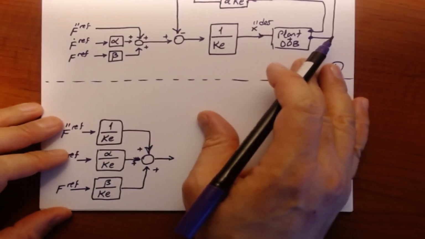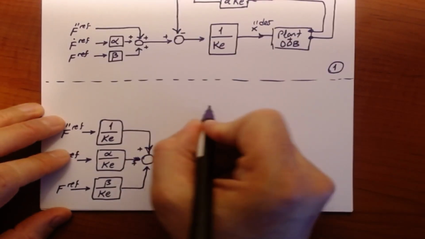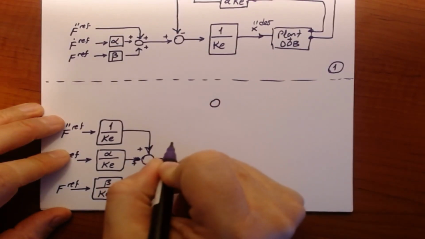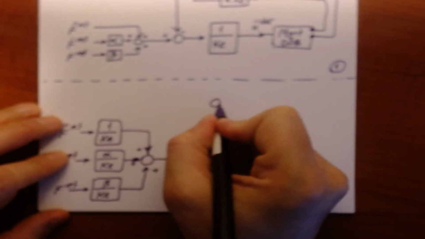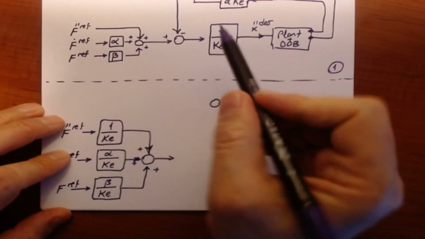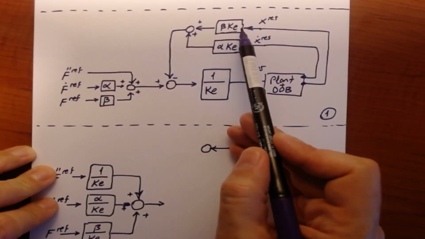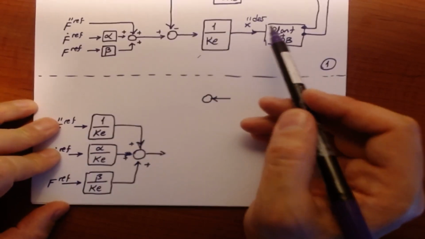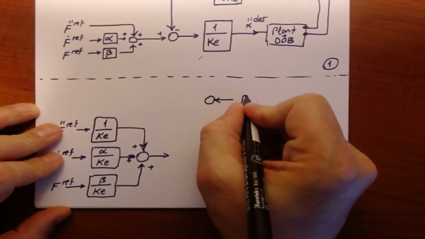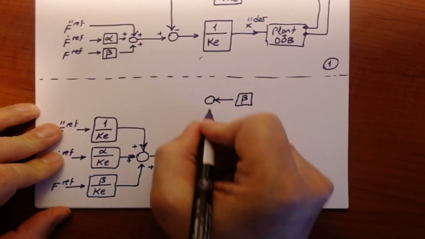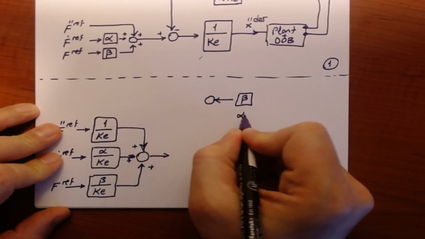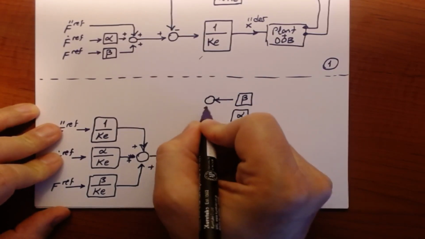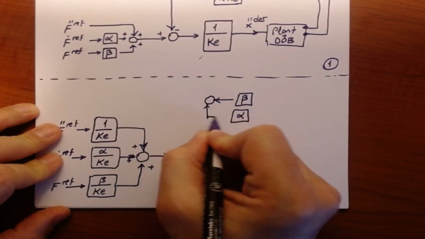Let's take care of this part. We have here somewhere a summation, and to our summation block I have beta times KE over KE, remember, which makes only beta as a scale, and here only alpha as another scale, following a similar way of thinking.